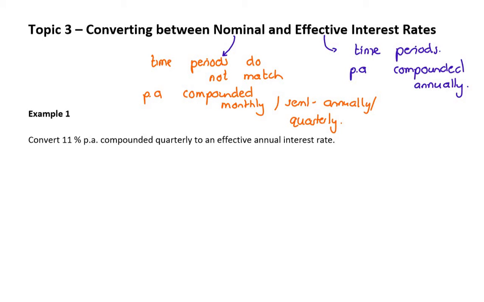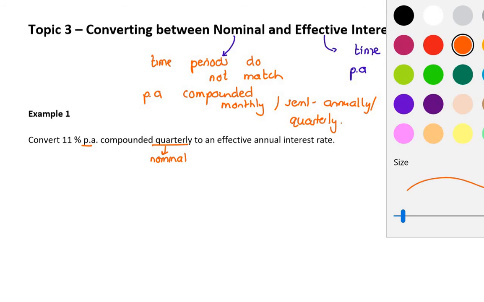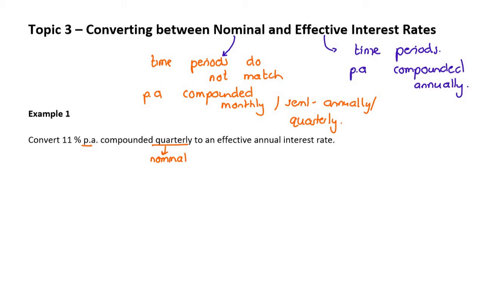Example 1 says: convert 11% per annum compounded quarterly, so that makes it a nominal interest rate, to an effective annual interest rate. So we want a per annum compounded annually.